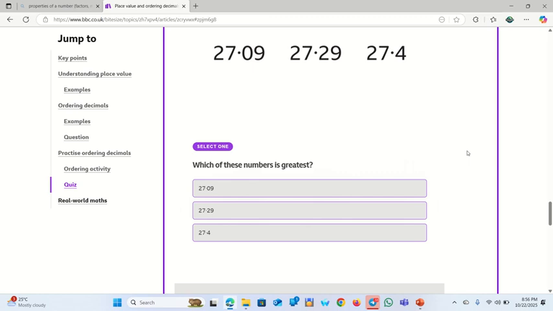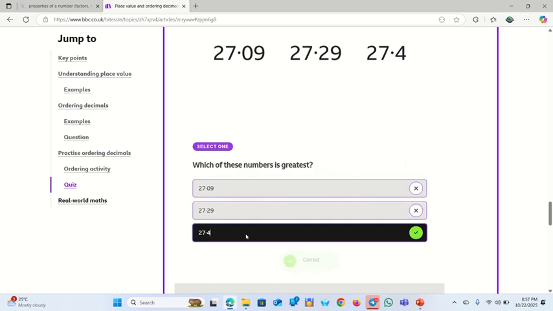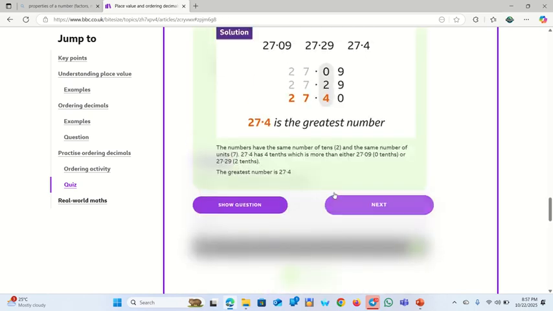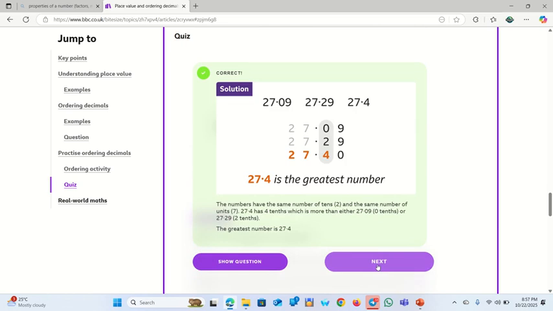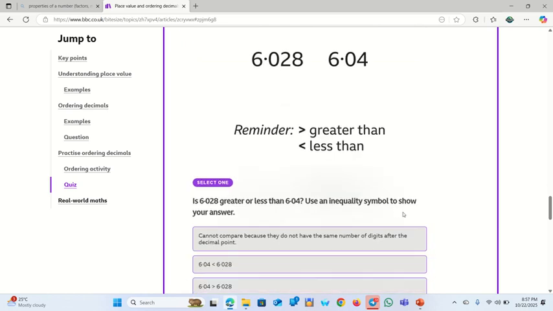Sir, which number is the greatest? Is it 27.4? Yeah, that's the greatest there. There's no hanky-panky about that. So, next question is here.